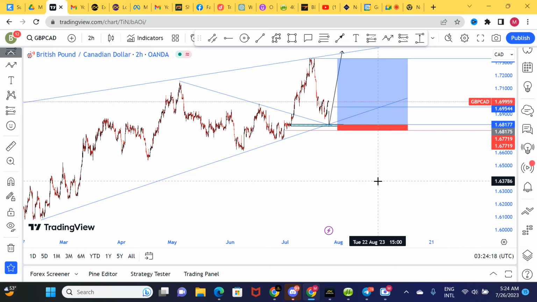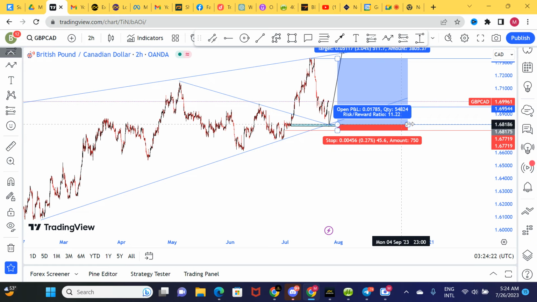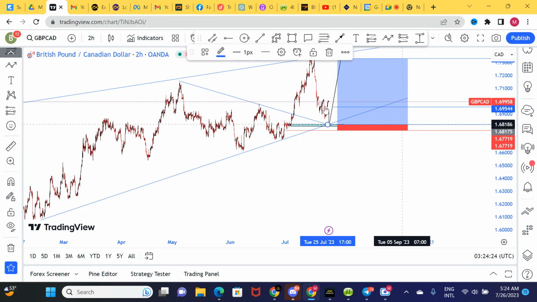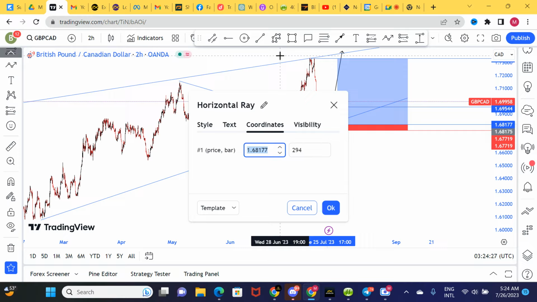So you can either set a pending order here, which is a buy limit on the price point that I've mentioned. So I'm just going to type in the entry points. GBP USD, entry is on 1.68177.